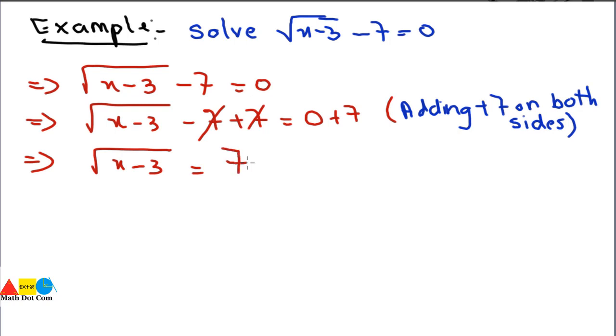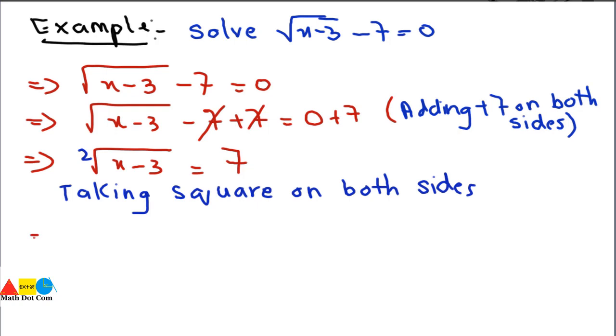Now we have got a radical expression on one side, the left hand side of the equation. We have already learned that you can solve this equation by raising each side to the power equal to the index of the radical. Here the index of the radical is 2, so you have to take the square on both sides.